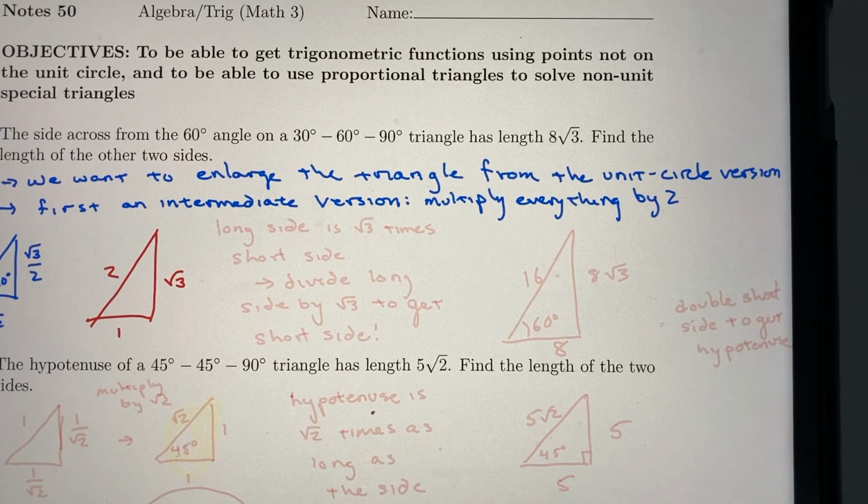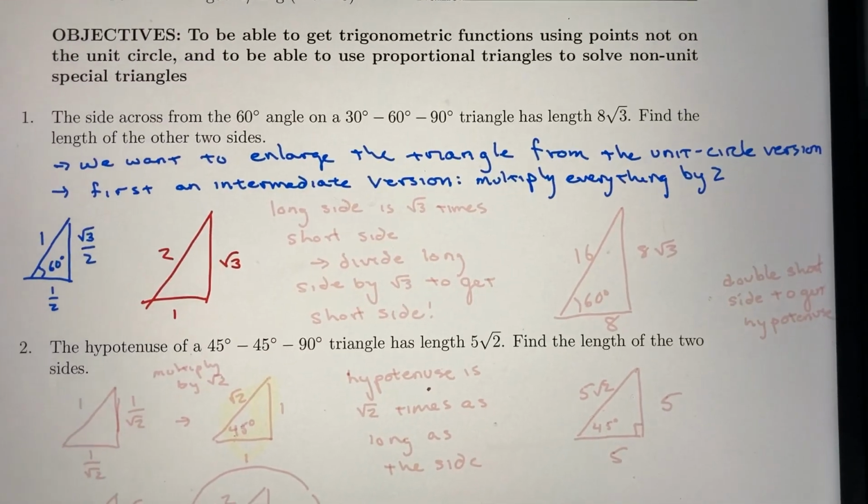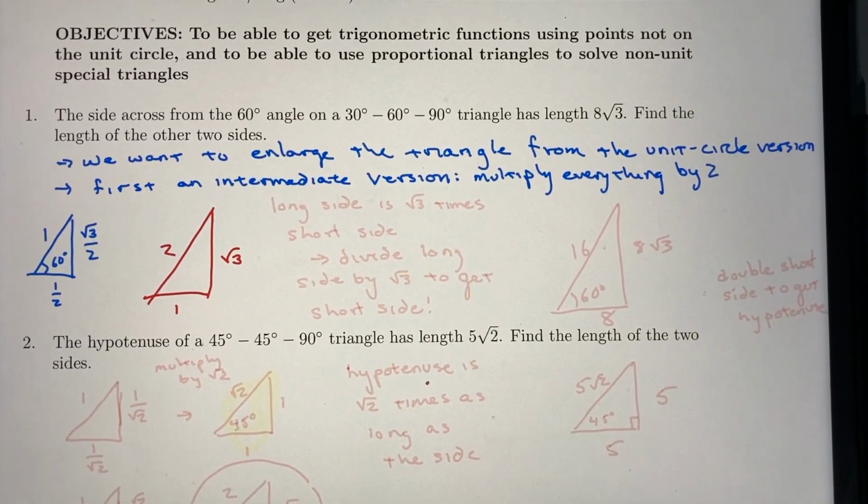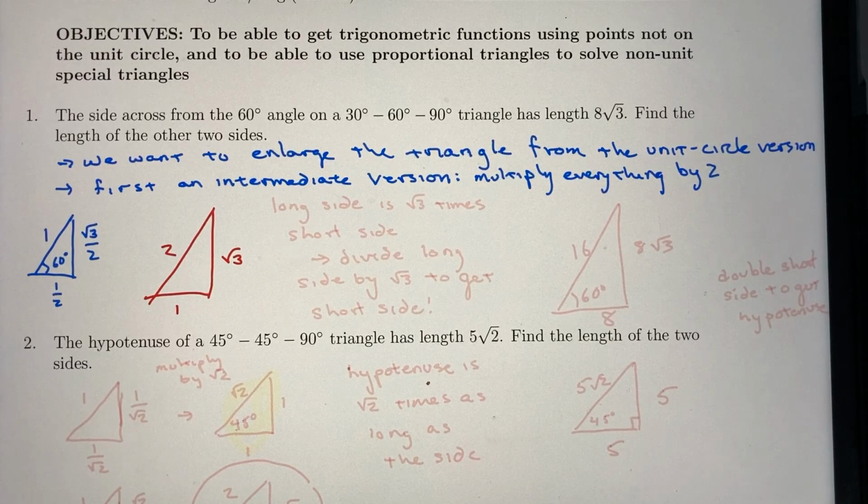So notice that the short side is half the hypotenuse, and to get from the long side to the short side, you divide by √3. So the long side is √3 times the short side.